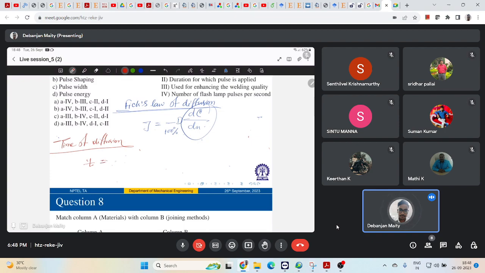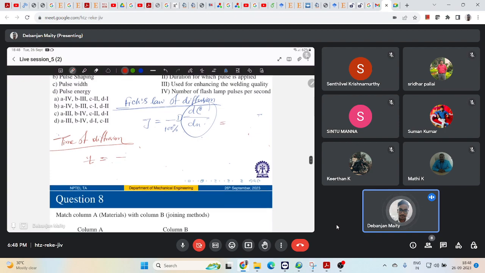So t is equal to, you can equate this M by At, and that's how you can calculate this time of diffusion. This is my expression of time of diffusion, right? So you can equate minus D dC/dx equal to M by At, and you can calculate this t from here.